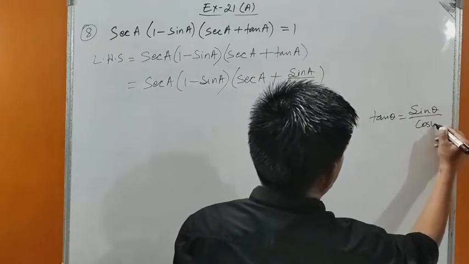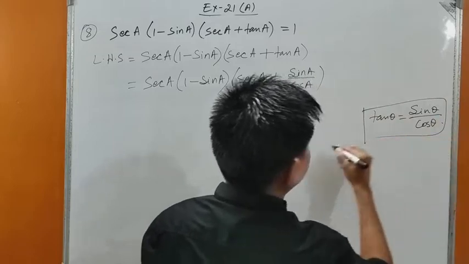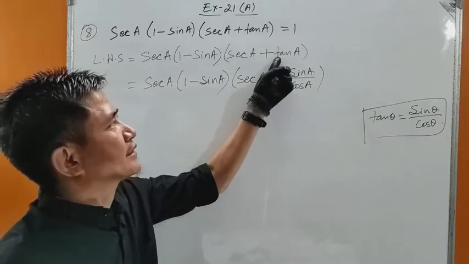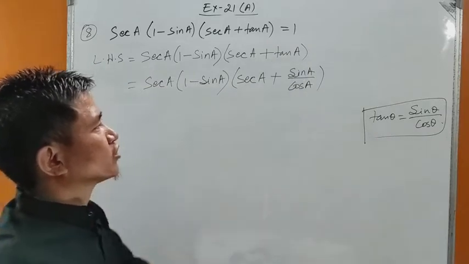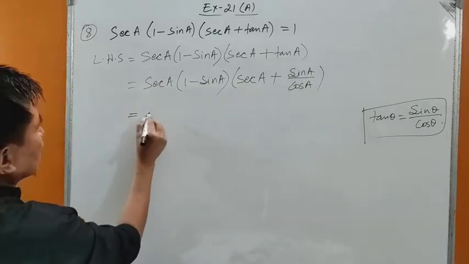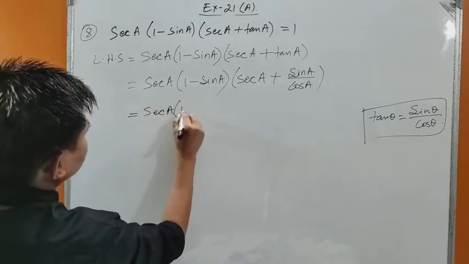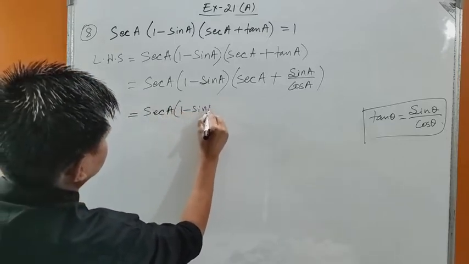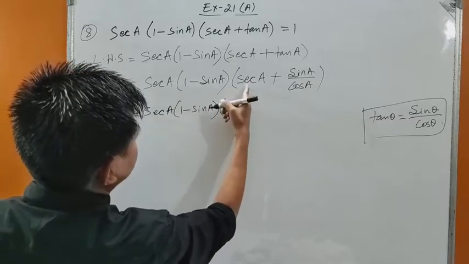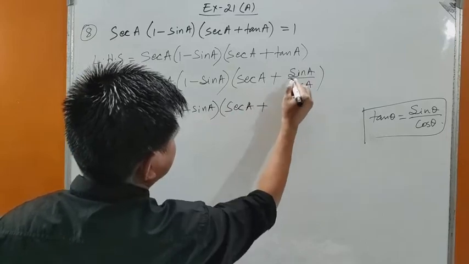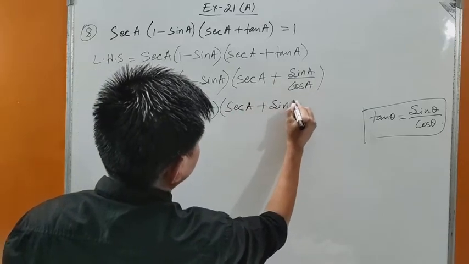So tan A equals to sin A upon cos A. Sec A we copy as it is, 1 minus sin A we copy as it is, okay. This sec A we copy as it is, plus this sin A we copy as it is.